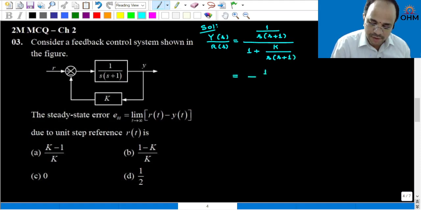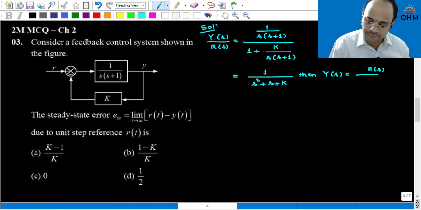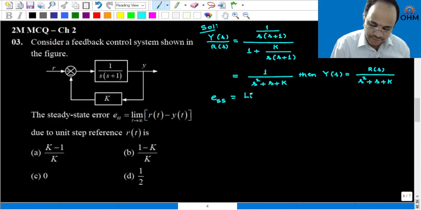Now in this case it is 1 by s square plus s plus k, therefore Y(s) is equal to R(s) divided by s square plus s plus k. Now what is the steady state error definition given? Limit t tends to infinity of r(t) minus y(t).